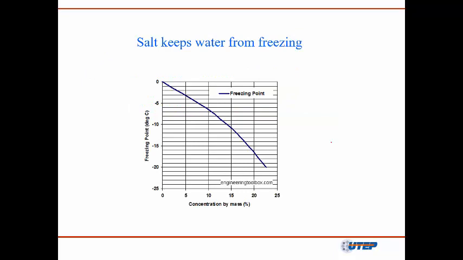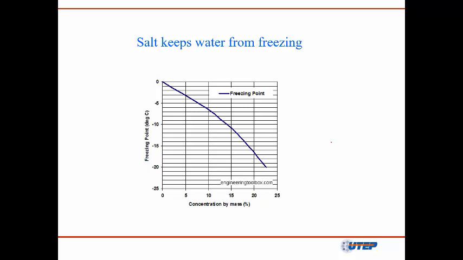One thing you've seen is how in the wintertime you add salt on the road, a mixture of salt and sand. Sand will increase traction, but adding salt does that too.